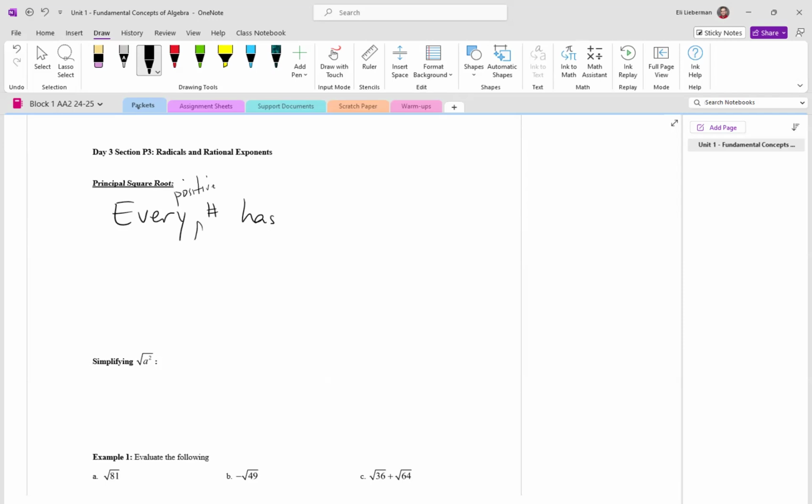Negative and positive. When you see this radical, this refers to only the positive one. And that positive one is called the principal square root or the principal root.